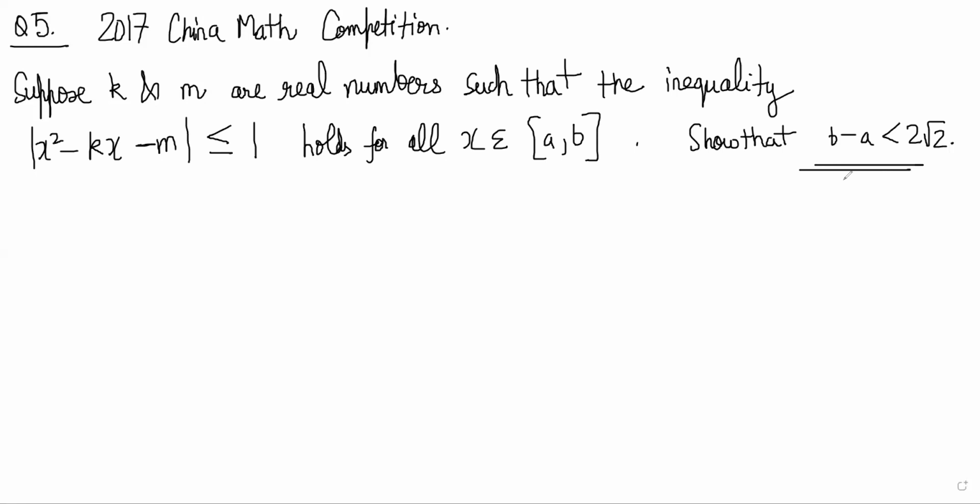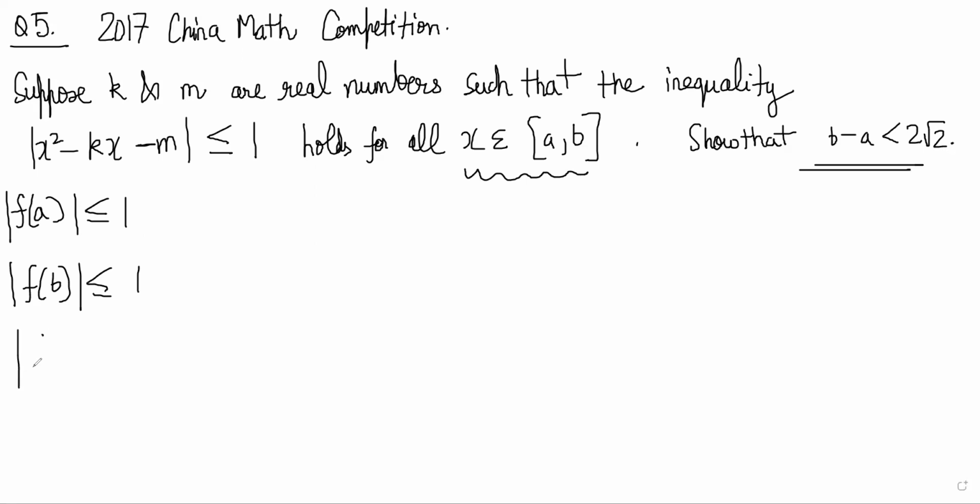So basically k and m are real numbers such that the quadratic has a modulus less than or equal to 1 for all x belonging to a to b. Right. So for all x belonging to a to b, the modulus of the quadratic is at most 1. Ideally, that means that you can say that mod of f of a is less than or equal to 1. You can say mod of f of b is less than or equal to 1.